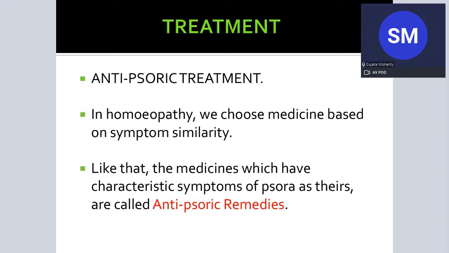So now the treatment. We all know that in the psoric miasm we have anti-psoric treatment, because in homeopathy we choose medicine based on symptom similarity. So the medicines which have the characteristic symptoms of Psora, like we discussed, are called the anti-psoric remedies.